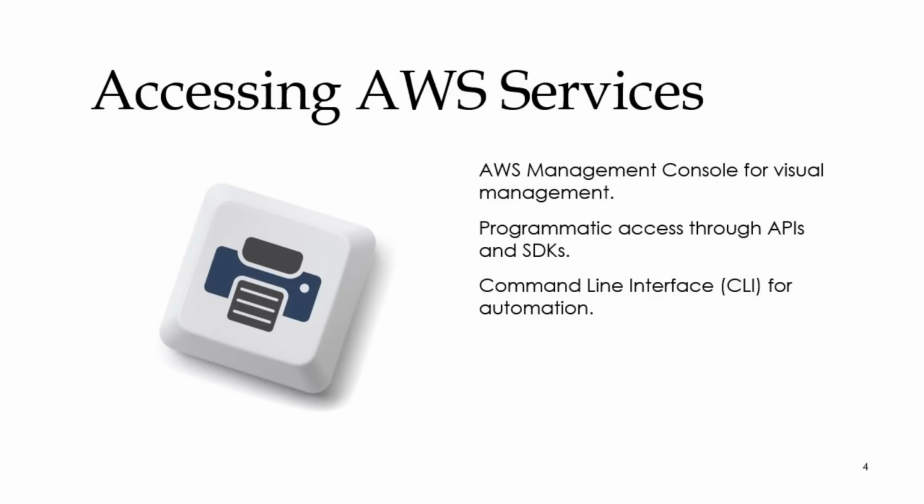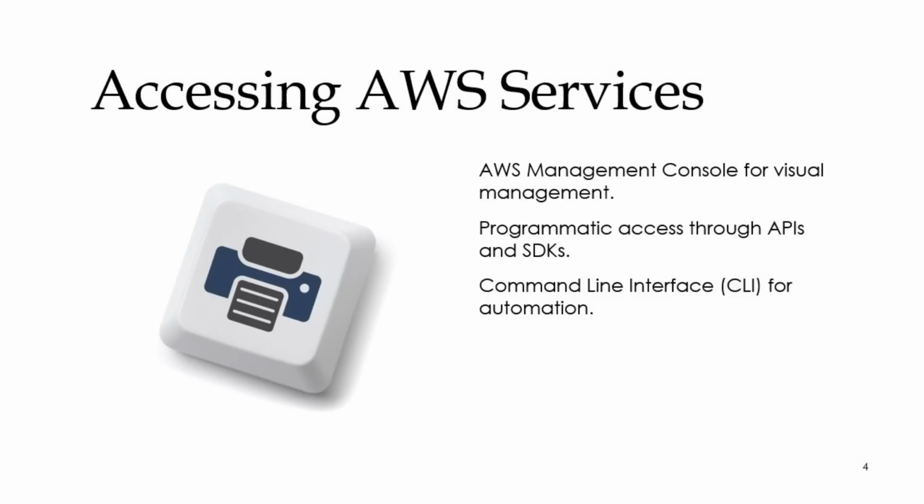One of the most common ways to access AWS services is through the AWS Management Console. This web-based interface provides a user-friendly way to interact with AWS, allowing you to manage your resources, monitor your applications, and analyze your costs.